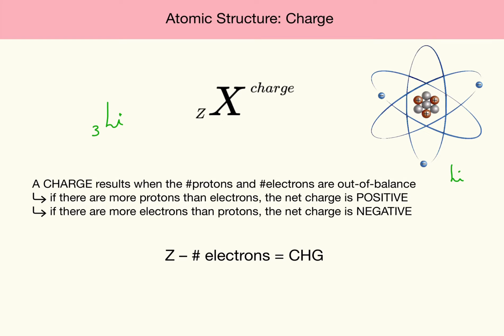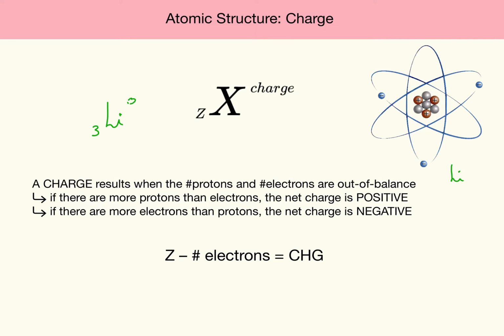And now we need to know what the charge is. As an element is shown in the periodic chart, you assume that it has the same number of electrons as protons. So if lithium has 3 protons, positive charges, and 3 electrons, negative charges, then the net charge will be 0.